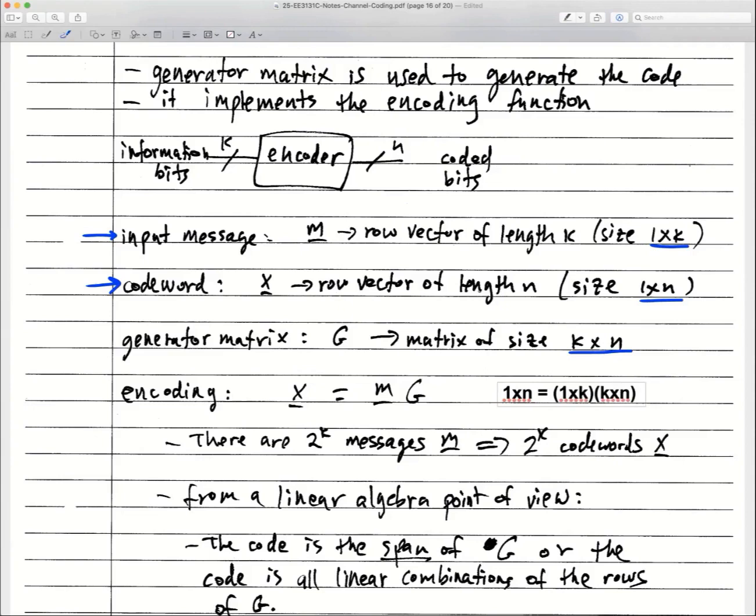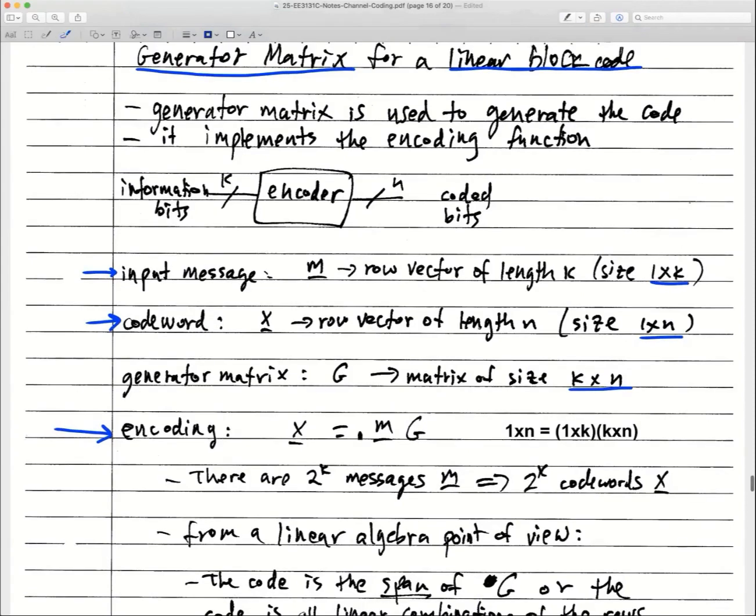You see how that works out? Because when you multiply two things together, the inner dimensions have to match. So you take an input message, multiply it by G to get x. That defines something called the generator matrix, G.